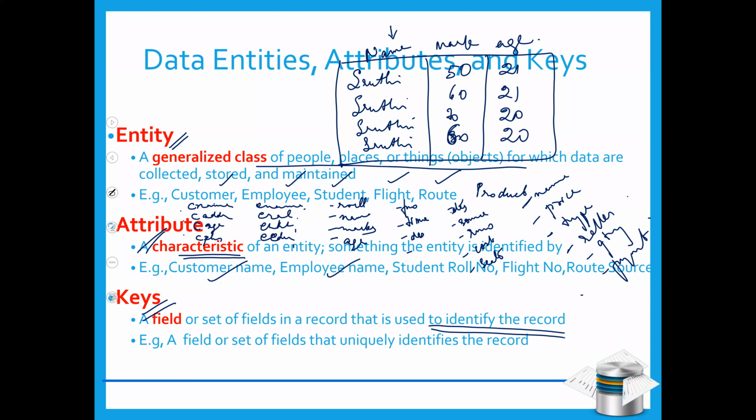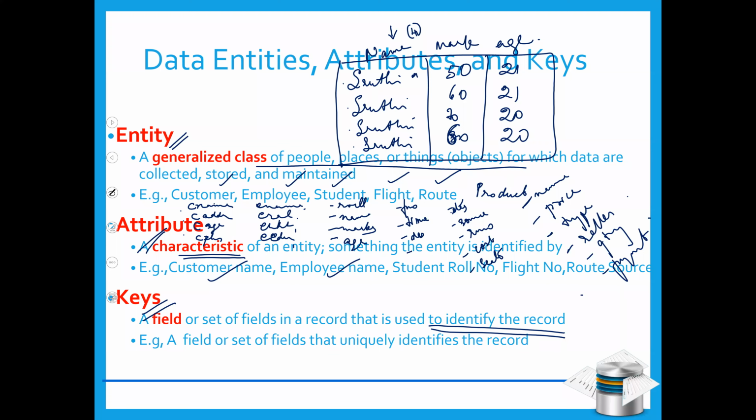So, whom I have in mind is I have this particular Shruti in my mind. Now, when I plan to extract, retrieve with the help of name, I will be getting records of 4 people.